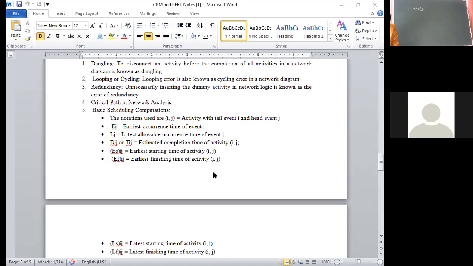Okay, these are the guidelines to draw a network diagram. Listen carefully. Activity is always represented by an arc or arrow. In general, we represent it as an arc only. Whatever arc you are representing, the head of the arrow indicates the direction.